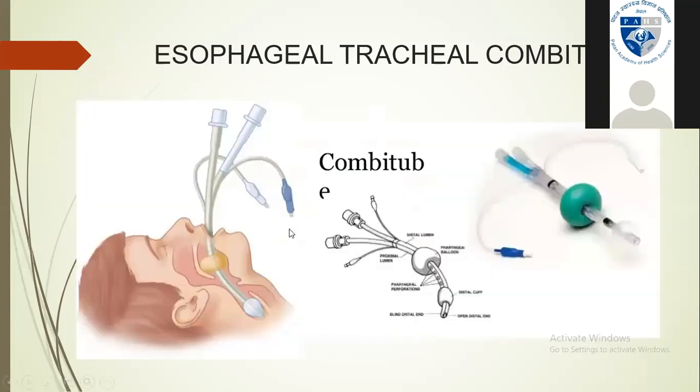As we can see in this picture, this is the longer tube, which is blind in the distal end and has multiple side perforations, and the other tube has an opening in the distal end. So this is the gastric tube and this is the ventilating tube.